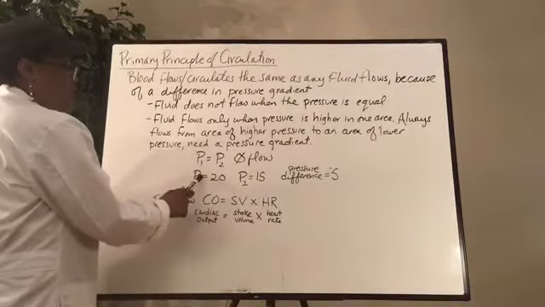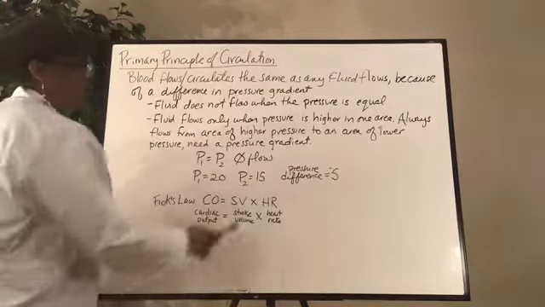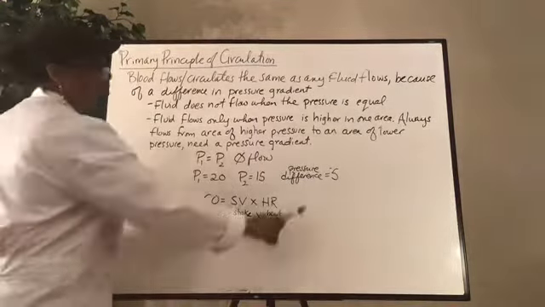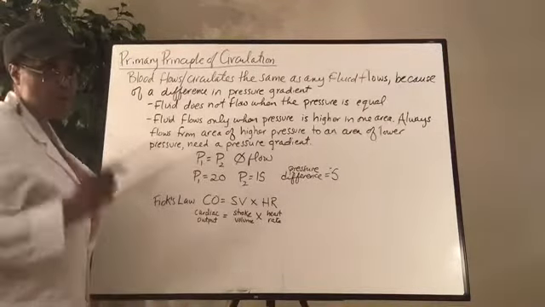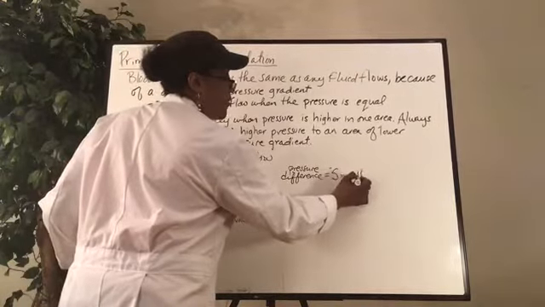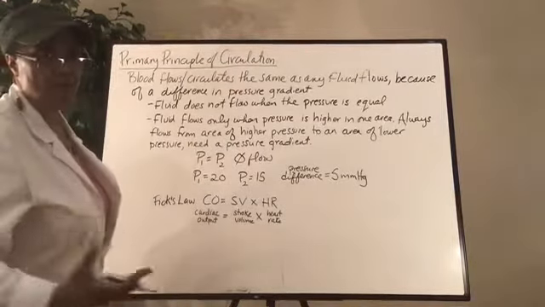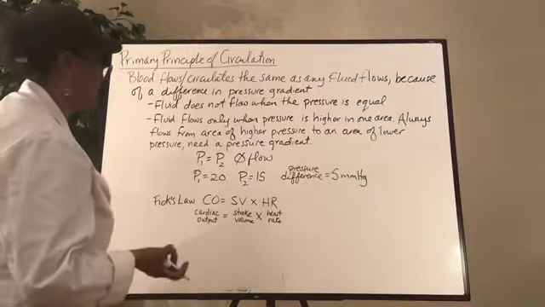Here, pressure 1 is 20 and pressure 2, for example, is 15. We can see that there's a difference in pressure. They're not the same. So the pressure gradient is 5. And you remember pressure is in what? Millimeters of mercury. Hg is mercury, right? So that would be a pressure gradient of 5 millimeters of mercury.